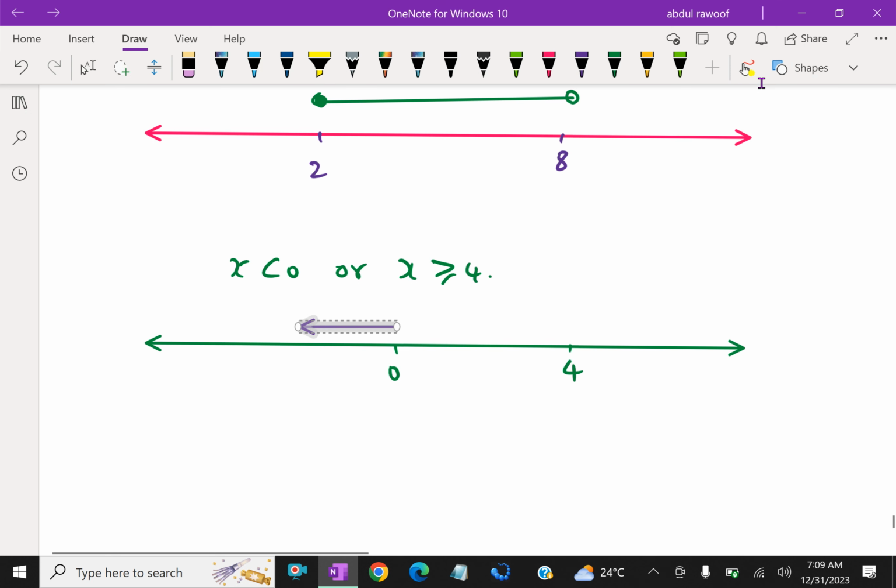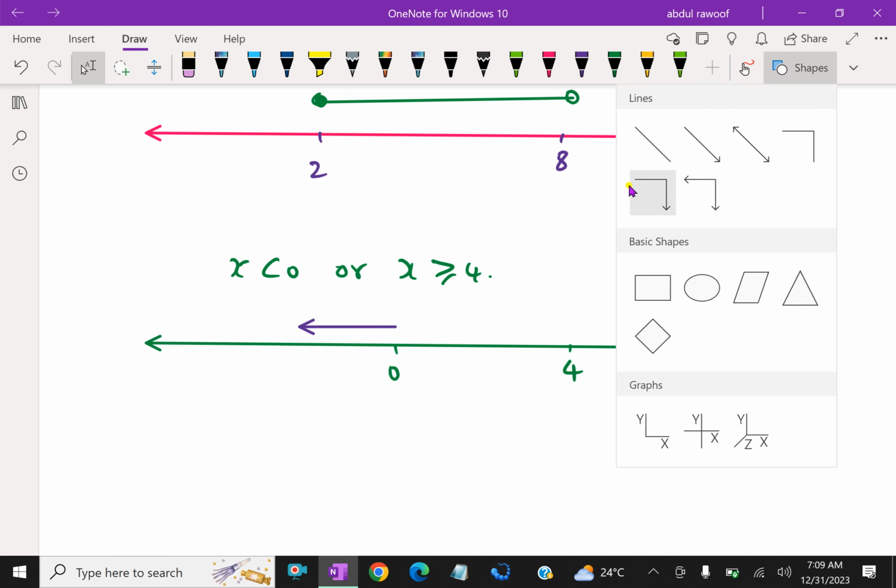And, or, it means x is greater than or equal to 4.